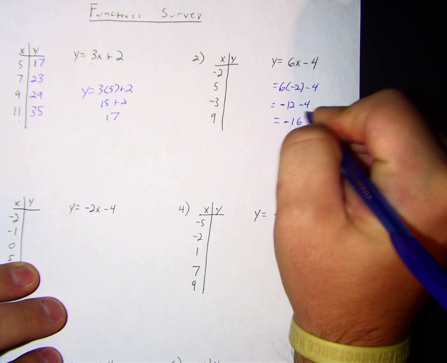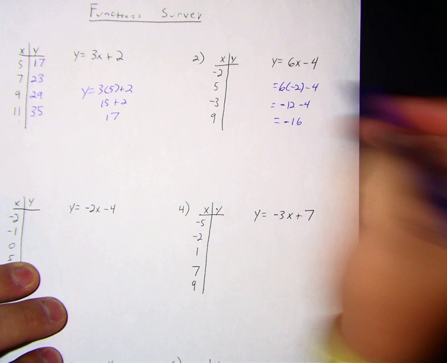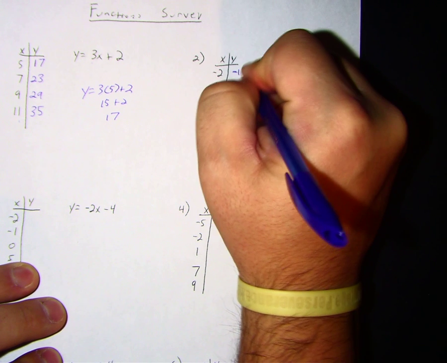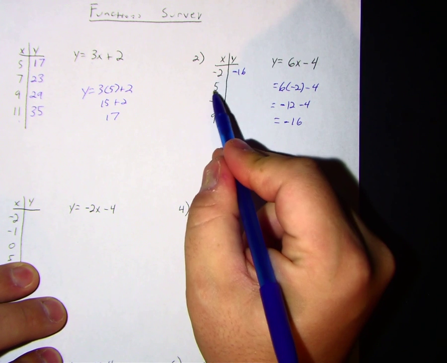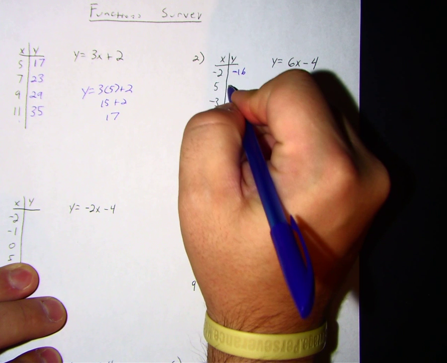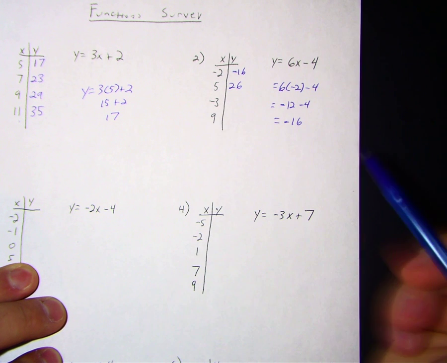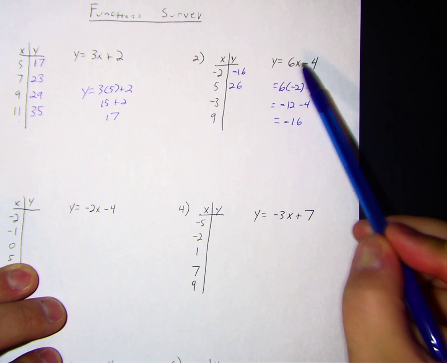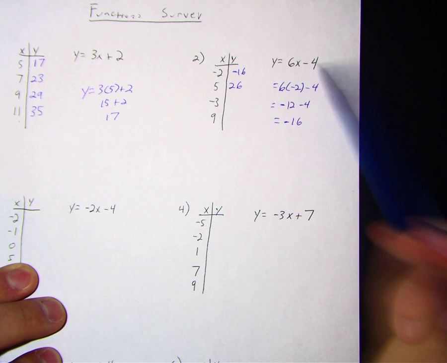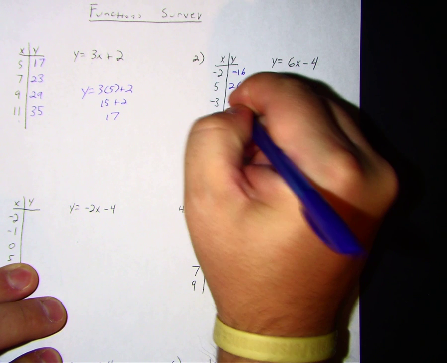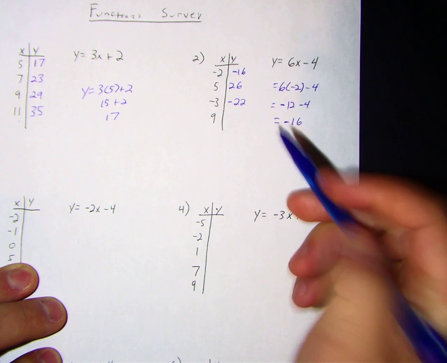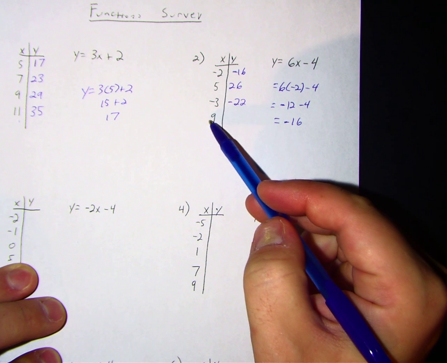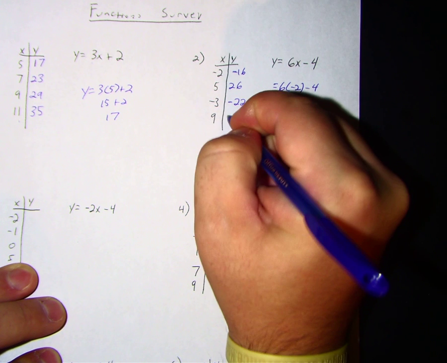You could have also had negative 12 plus negative 4, which would also be negative 16. Most of you got 5 times 6 is 30, minus 4 is 26. Same rule applies here. Negative 3 times 6 is negative 18, minus 4 is negative 22. And 6 times 9 is 54, minus 4 is 50.